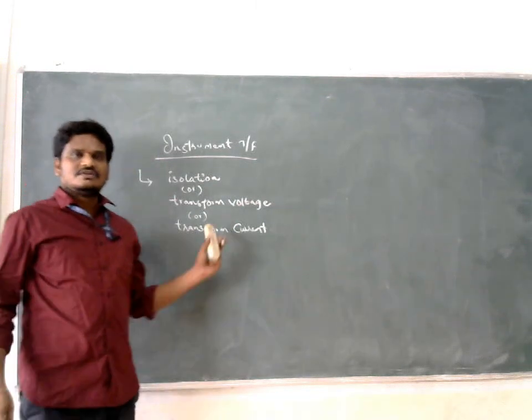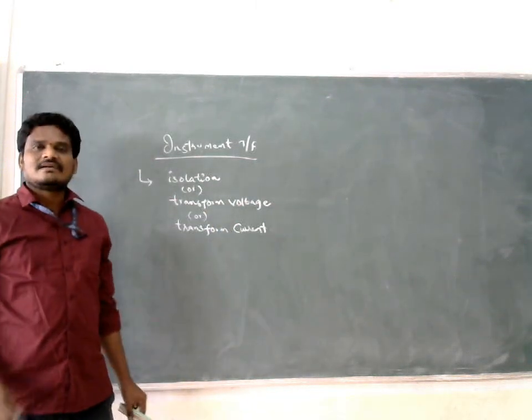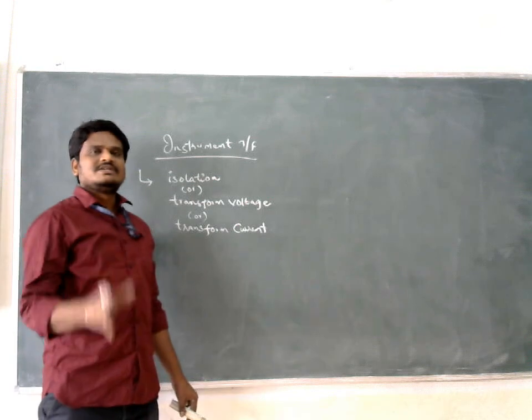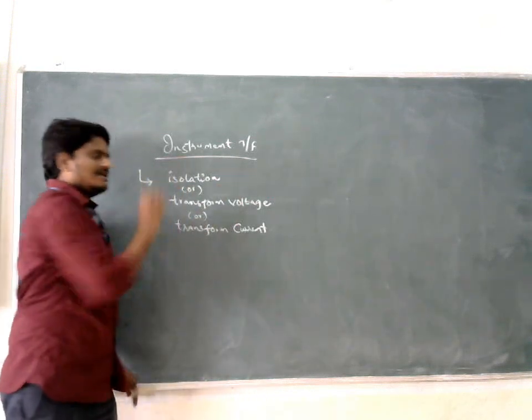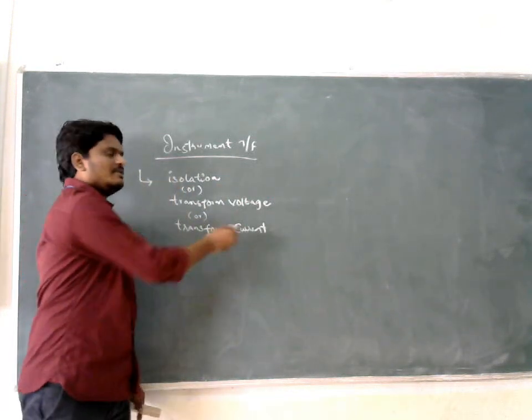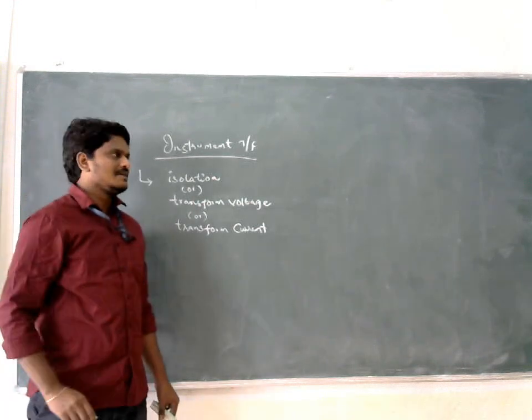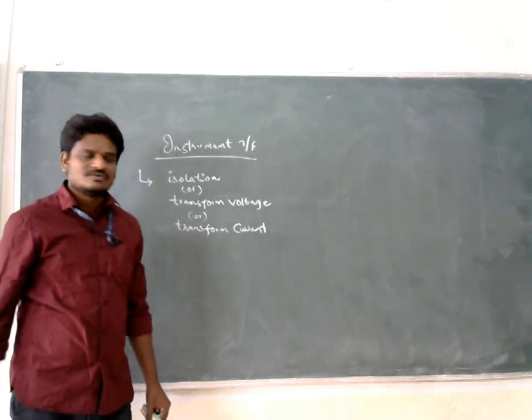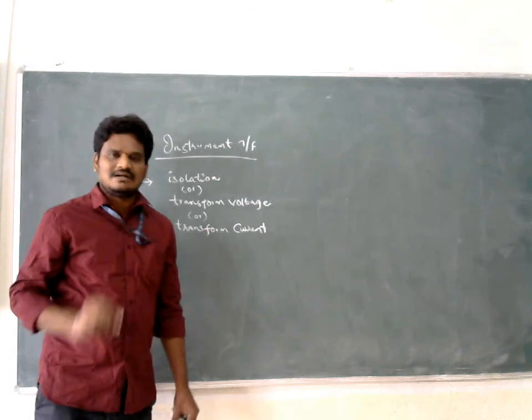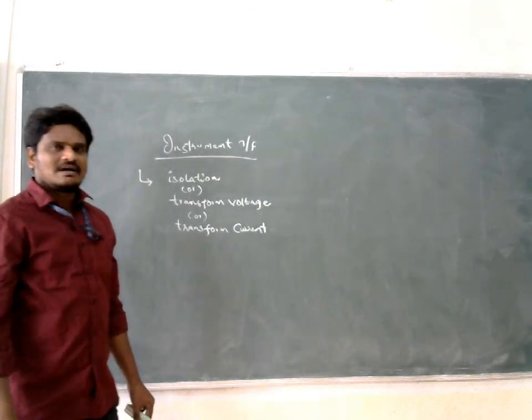What is the definition of instrument transformer? It is a high class electrical device which is used for isolation of devices, or else it can also be used to transform the voltage levels, or else the same instrument can be used to transform the current levels.